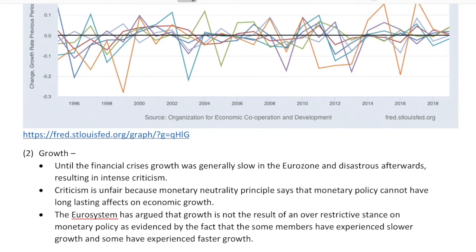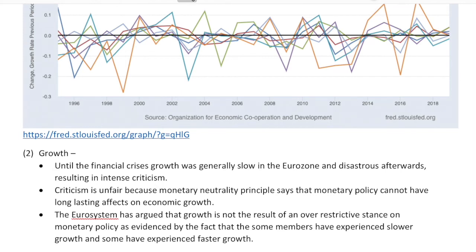So in other words, the euro didn't really get a chance to establish itself, and people started blaming the euro for lower growth. Well, this criticism is unfair because the monetary neutrality principle says that by definition, monetary policy cannot have a lasting effect on economic growth. So the criticism is unfair on the European Central Bank because its policies only work in the short term and not in the long term.